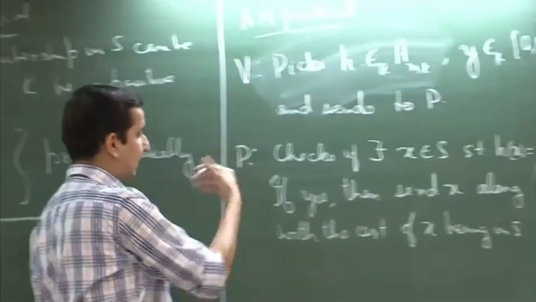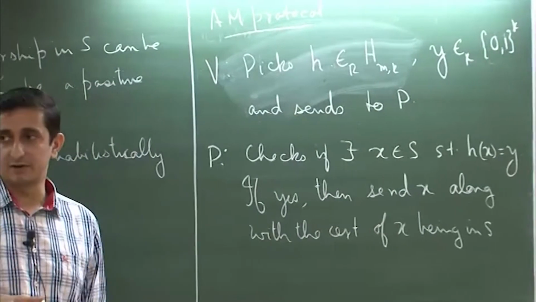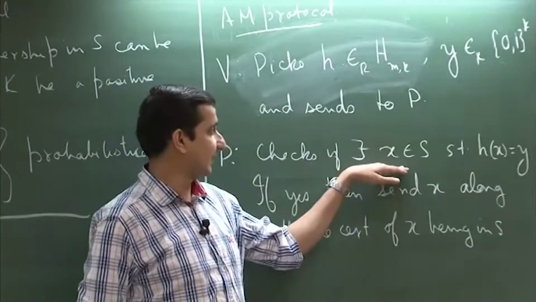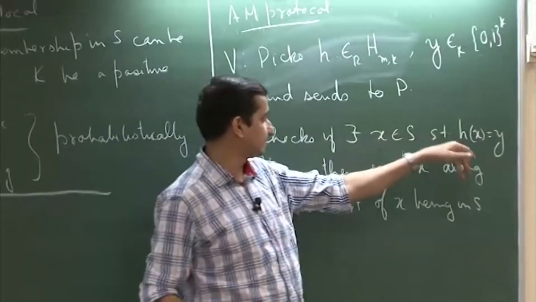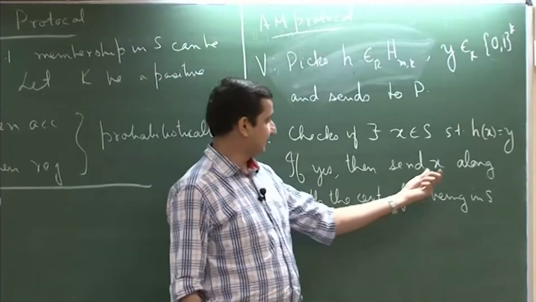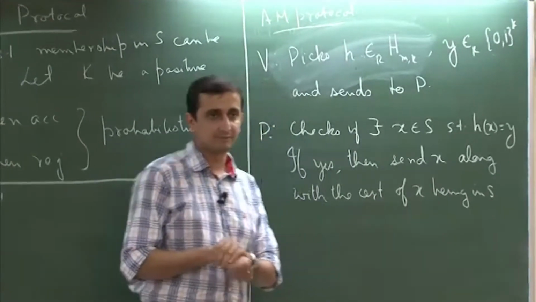So, there exists some certificate which verifies that x is in S. If there is such an x belonging to S that hashes to y, then the prover sends that x together with that certificate.